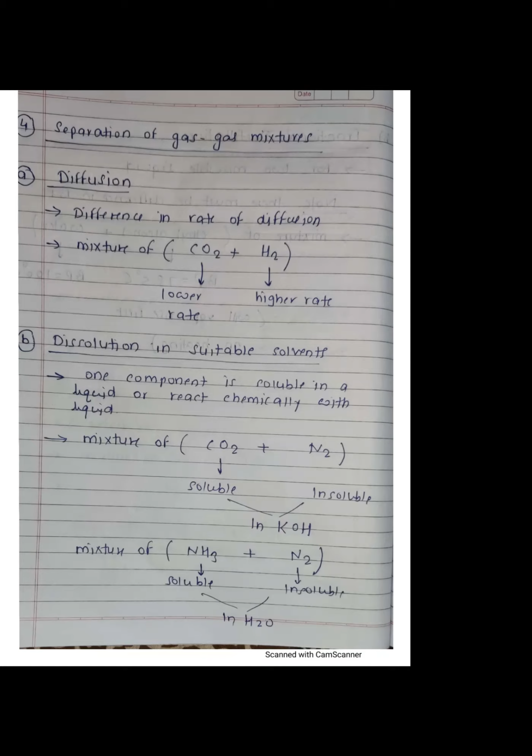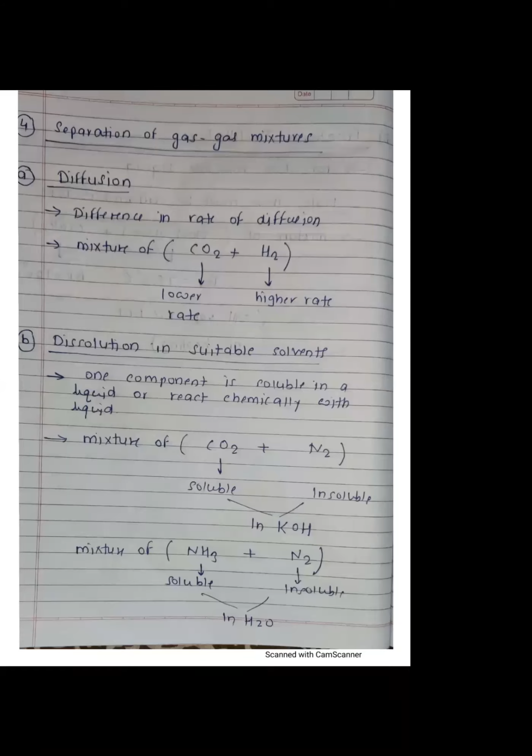Aditya: My doubt is that you mentioned the rate of spread of carbon dioxide is lower than hydrogen. Does that mean we have to bottle the hydrogen at the right time?